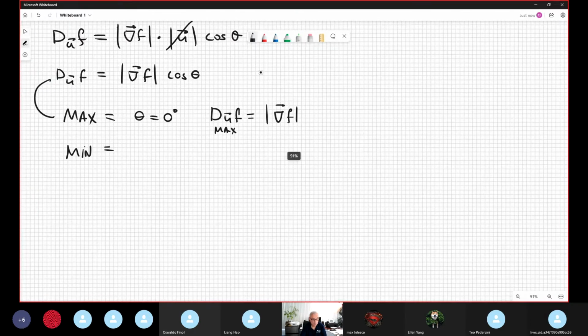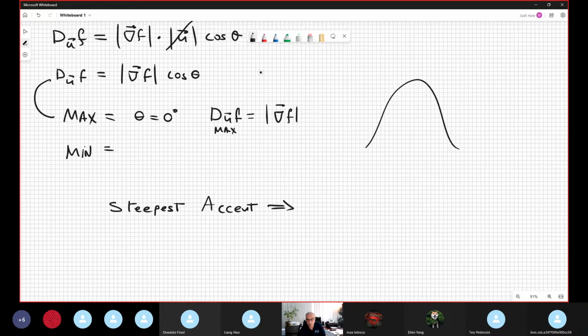Okay, what is the steepest ascent? Well, we have a surface, I have a point. Suppose you have a surface, we have a point. I want to investigate what is the direction in which you steeply ascend.